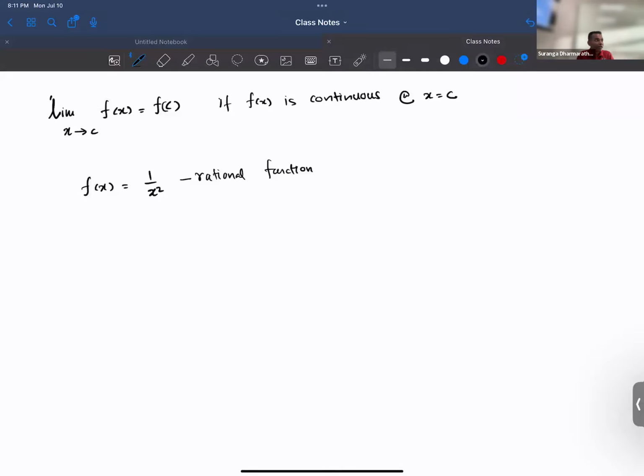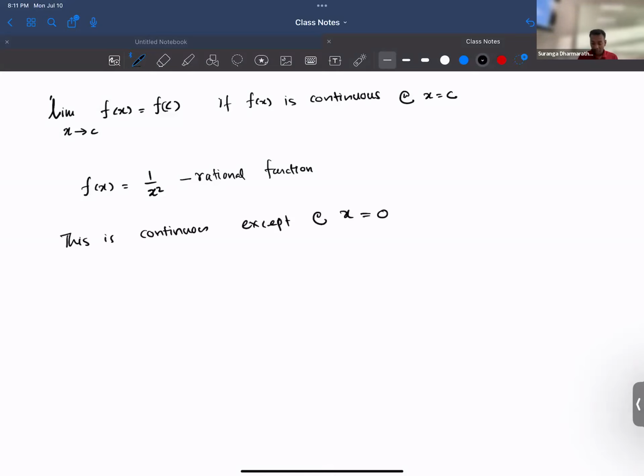So this function is defined everywhere except x equals 0. Keep in mind, this is continuous except at x equals 0.